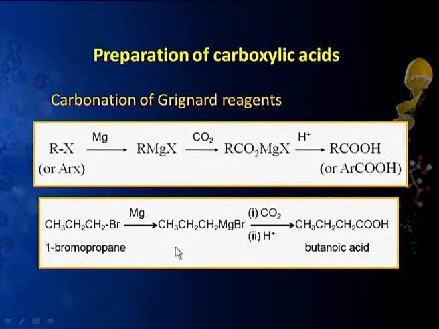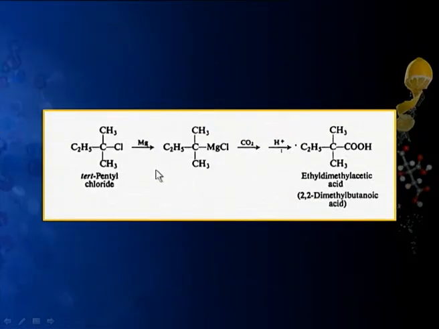Here is an example. If we start with 1-bromopropane and treat it with magnesium, we get propyl magnesium bromide. It is added on to carbon dioxide followed by hydrolysis. We get a 4-carbon acid called butanoic acid. This is another example.